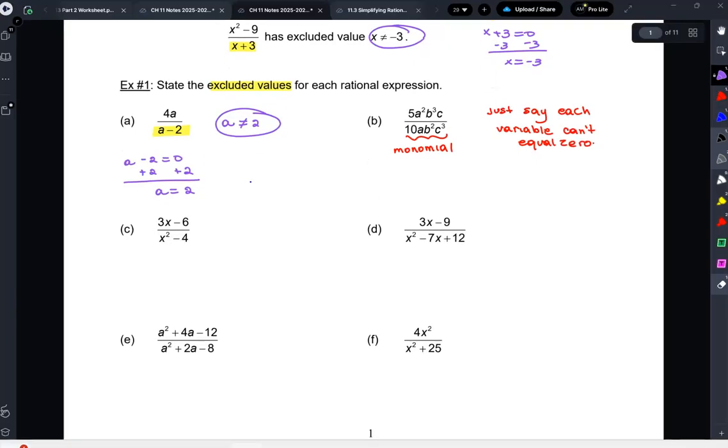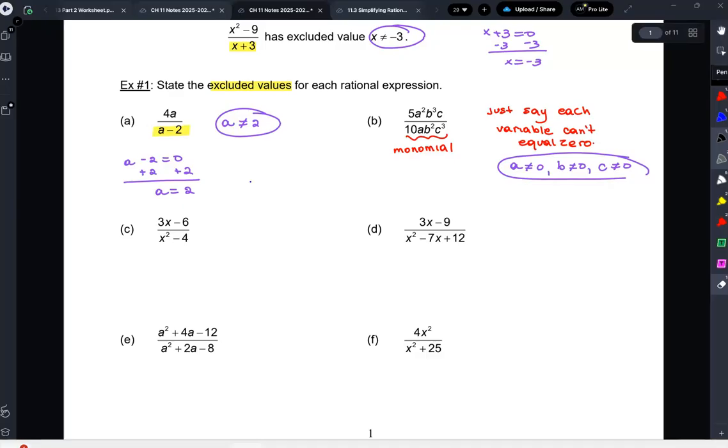Okay, so what are the variables here? I have an a. I say a can't equal 0. I have a b. b can't equal 0. I have a c, c can't equal 0. Ignore the exponents.